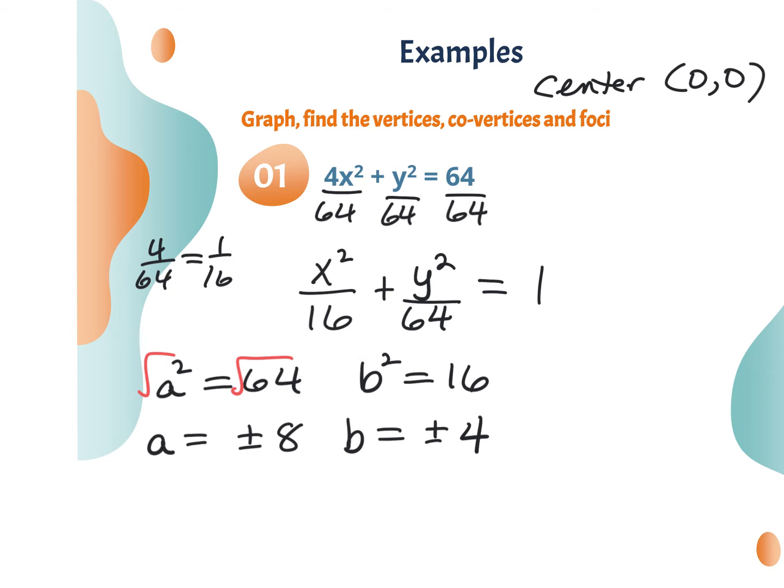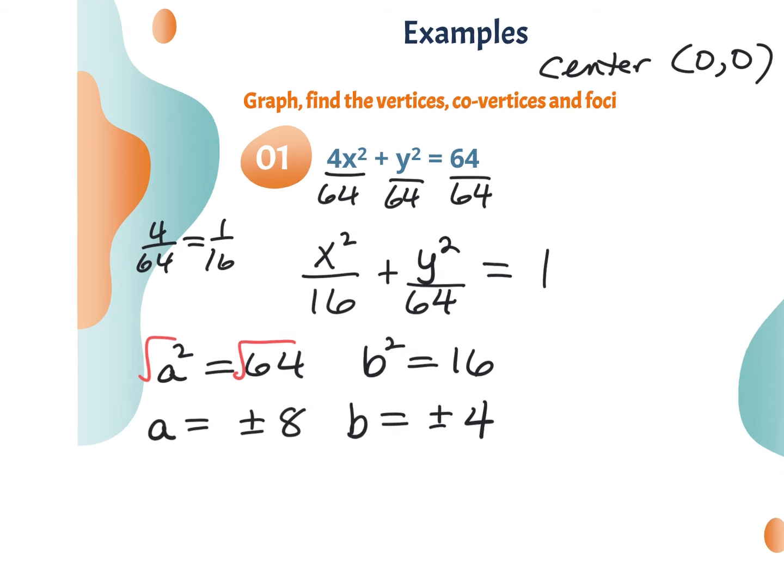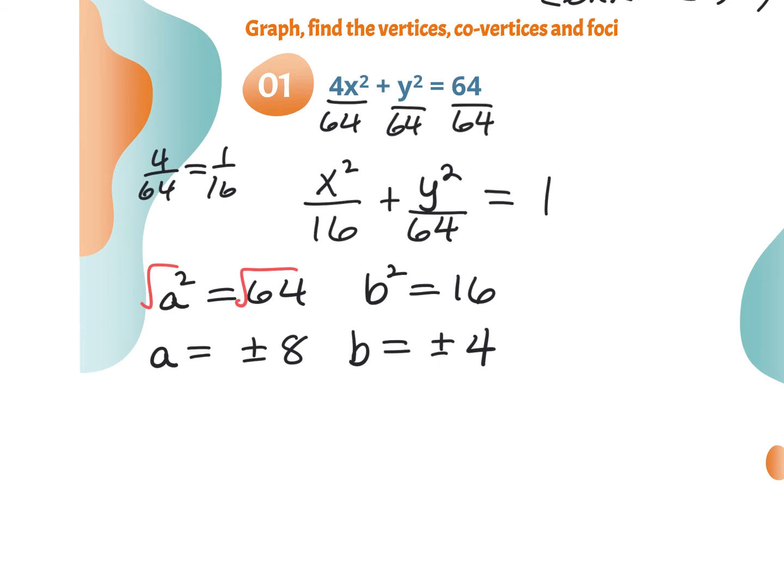Now, I need to find the vertices. Remember, the vertices use the a value. And notice my bigger number is under the y squared. So this tells me that my major axis here is the y-axis. So my graph is vertical.